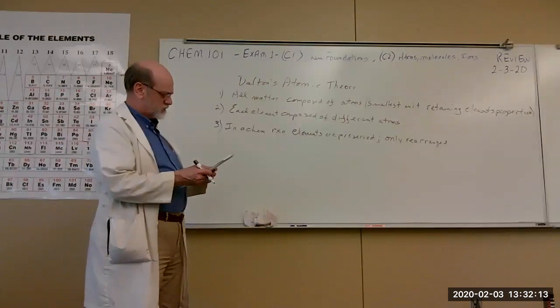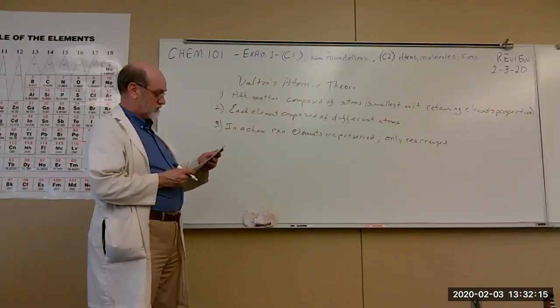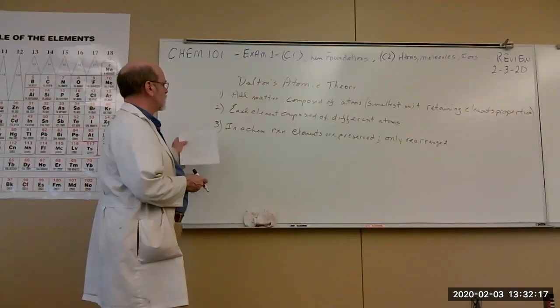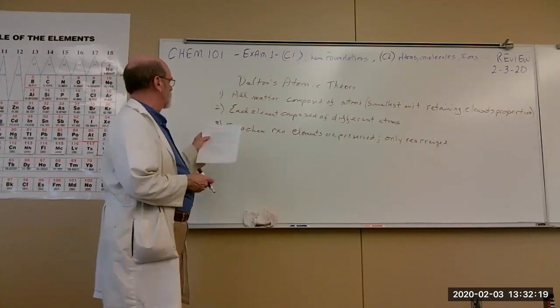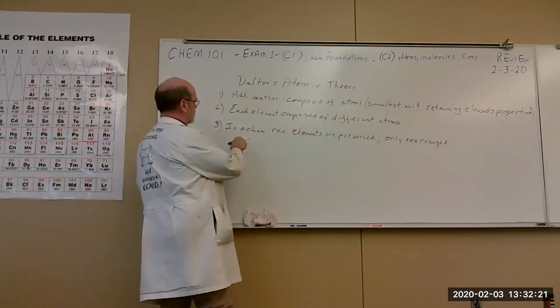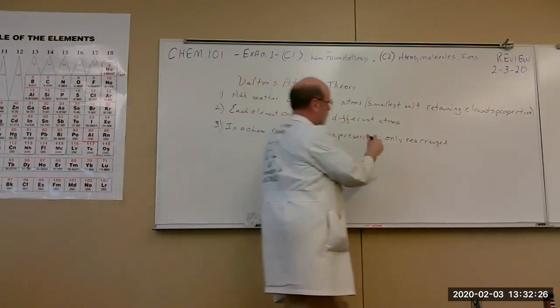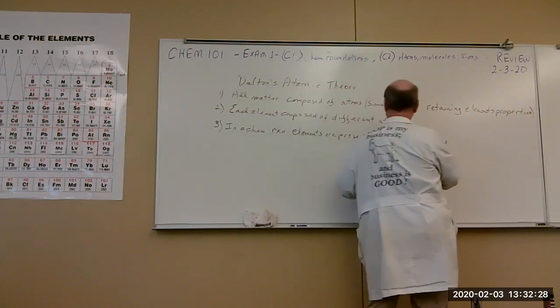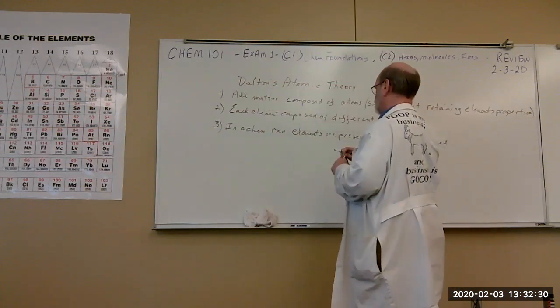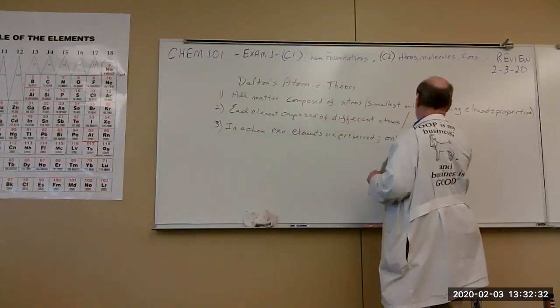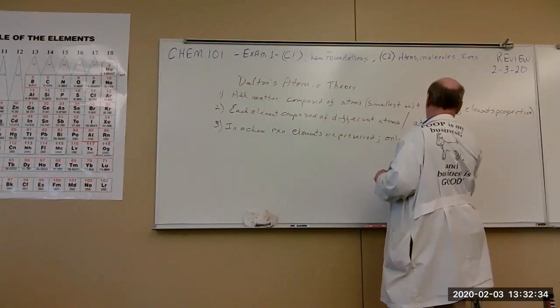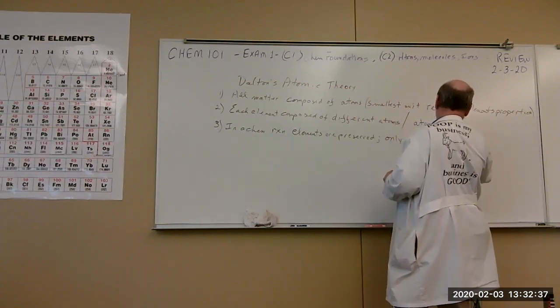Let's see. What am I leaving out? Each element composed of different atoms. Yeah, I guess there's maybe a second statement right in here, or maybe attached to this one. Atoms never change.